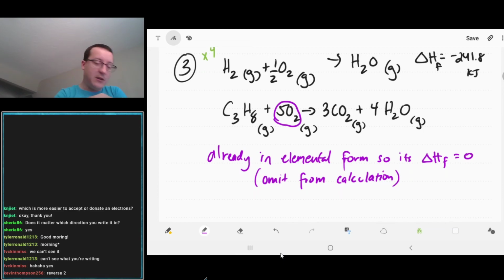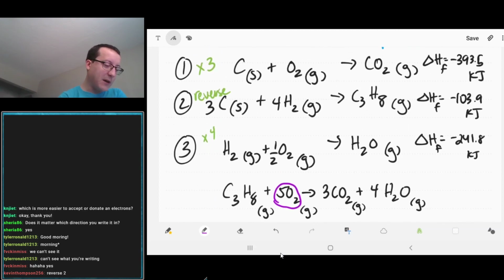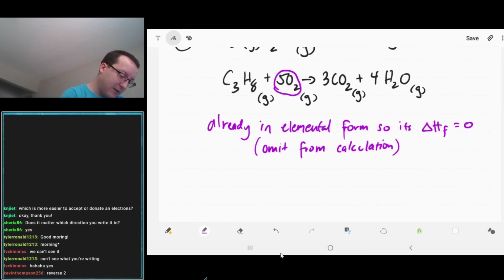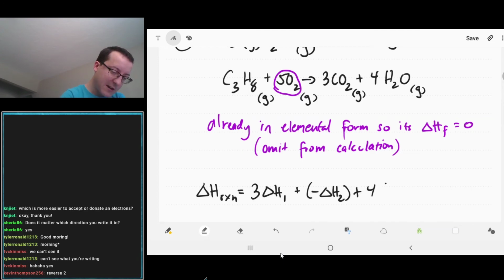Okay, and so if we do that, it looks like we had to do times 3 and then reverse and then times 4. So the total delta H reaction for this is going to be 3 times delta H1 plus negative delta H2 plus 4 times delta H for reaction 3.